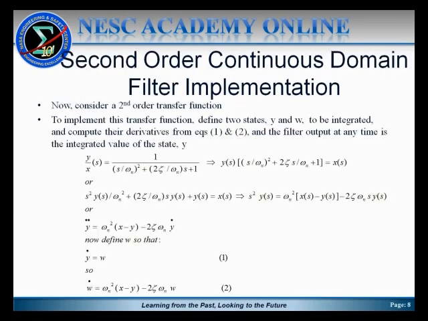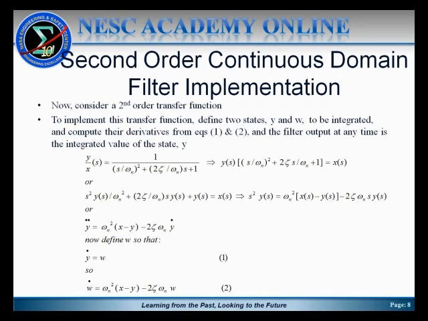Now how would we do that for a second order filter? You do basically the same process. You would write out the transfer function for y of s over x of s is equal to just g of s, the transfer function, in this case a second order lag, which has a natural frequency of omega n and a damping ratio of zeta.